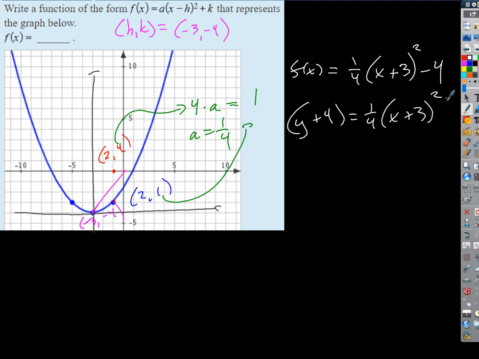That just means that if we start with y equals 1/4 x squared, the dilated version, then I replace the y with y plus 4, which shifts it down by 4, and I replace the x with x plus 3, which shifts it left by 3. Okay, you get the idea?